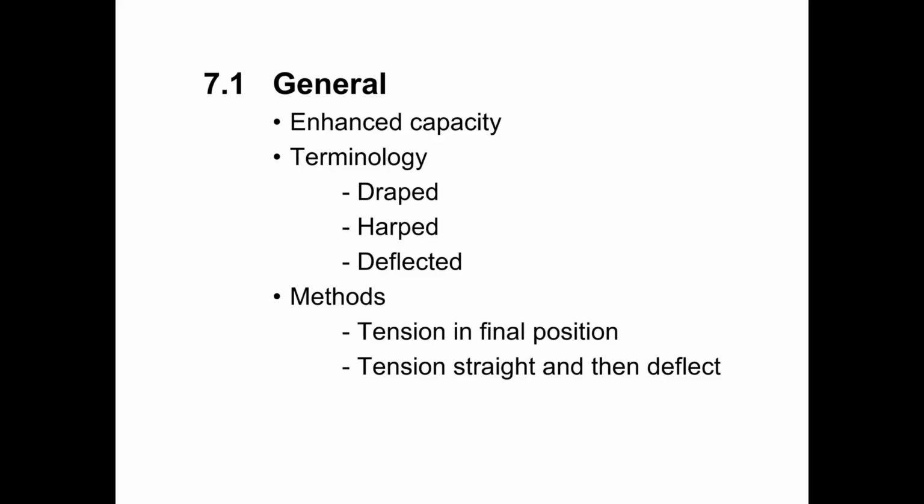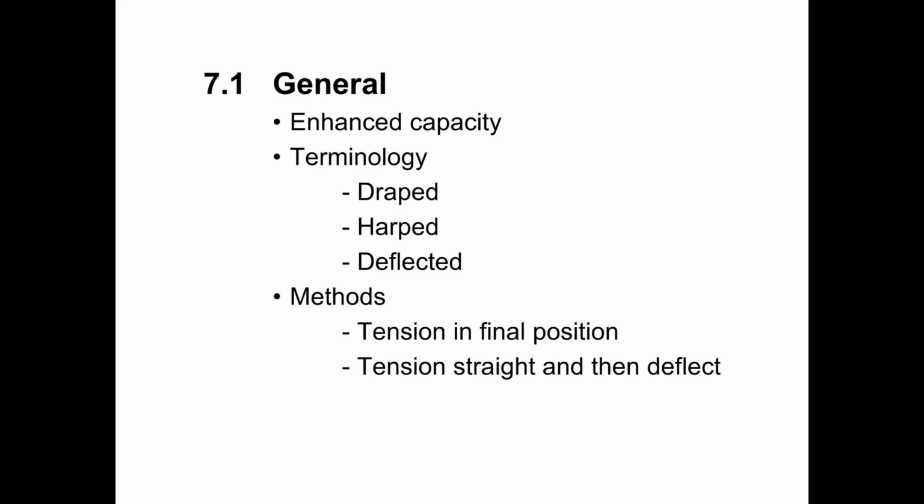Okay, either of these methods is acceptable, and it really depends on how the bed was designed as to how the plant is going to go about deflecting the pre-stressing strands. For some beds, they were designed to be tensioned in the draped position. Other beds were designed to where they could be tensioned straight and then pushed down or pulled up into the draped position. The advantage to tensioning in the draped position is that the tensioning operation is simplified.